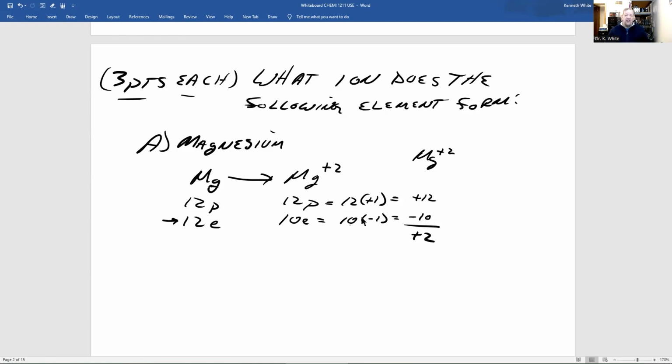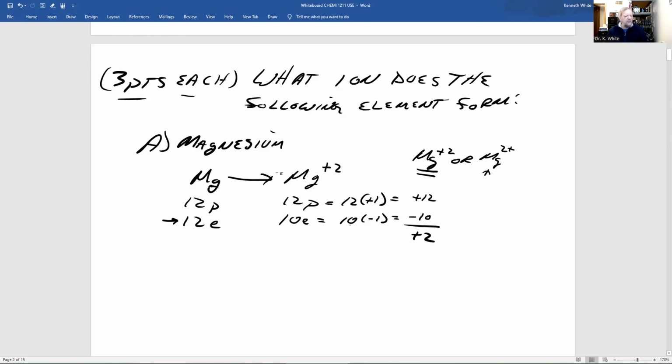A newer way, which I don't like so I don't use, but you can, is the chemical symbol with a superscript 2 plus to the right. I like the first one better, but you can also use that one. Either one works for me on a test. Did I tell you I'm that close to the person who grades the test? Me.